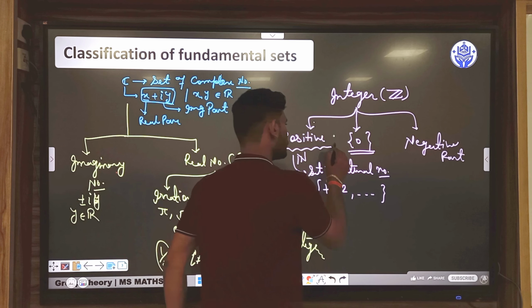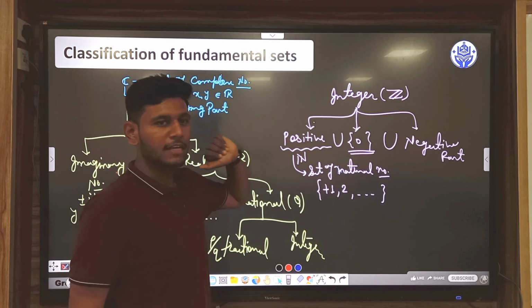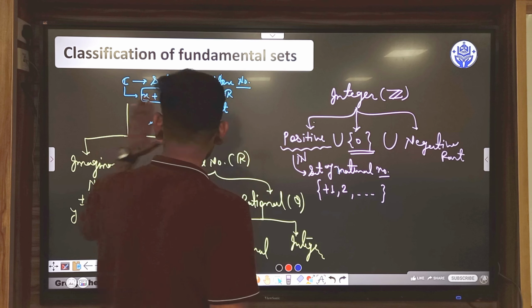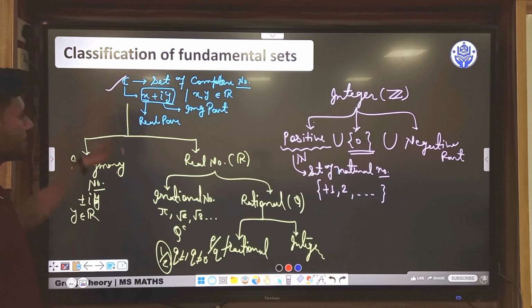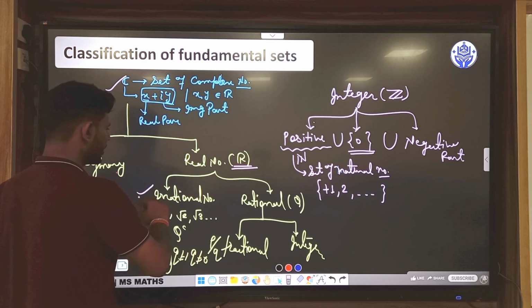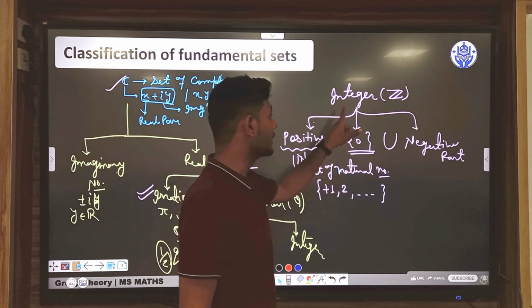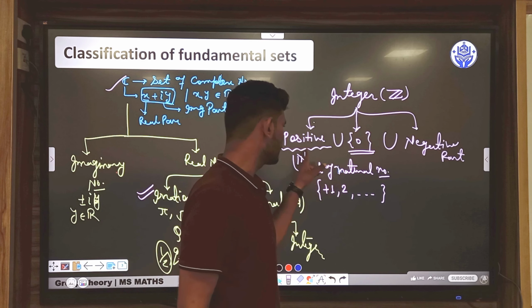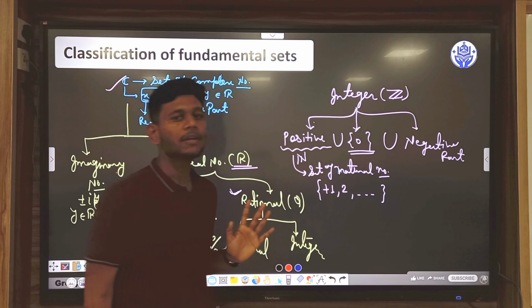If I take the union of all these three, I get the set of integers. From here I can consider that the complex numbers are my biggest set and its subset is R, and this R is made up of irrational numbers and rational numbers. Then the integers are made of the negative part, 0 and the positive part, which is the natural numbers.